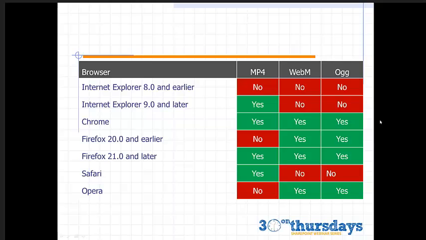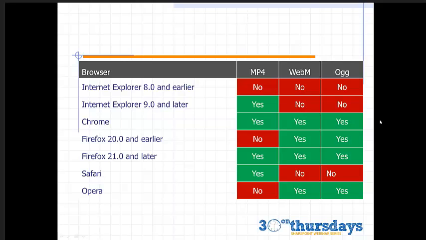And unfortunately, you can see that no single format is supported on every single device. And that's been the issue. You can't just save your video file as an OGG and expect it to work everywhere, because OGG doesn't work on Safari and Internet Explorer, unfortunately. The same thing with WebM. It works on everything except for Internet Explorer and Safari.